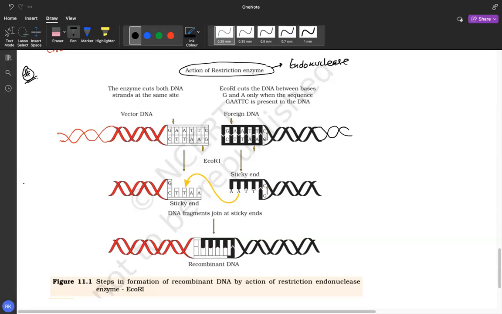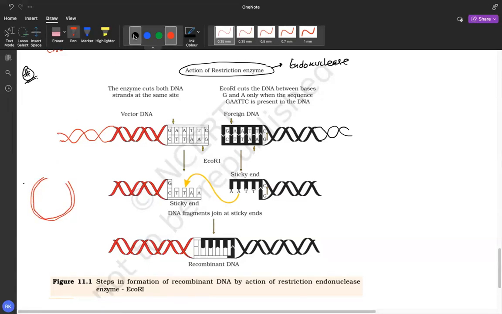Let's say this is the gene of your interest, insulin or something that you want to put in a plasmid. The way to do it is you will cut open the plasmid, right? I made a cut, now it's open. Make sense?